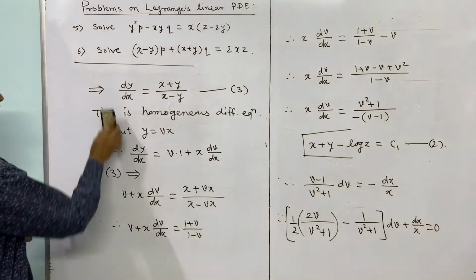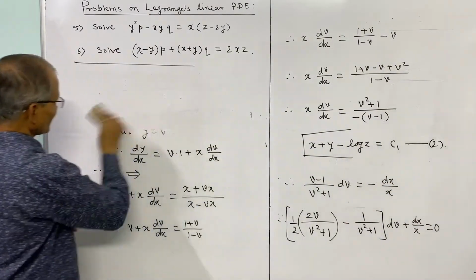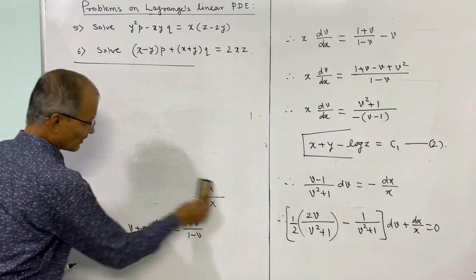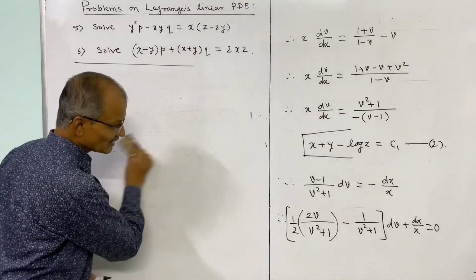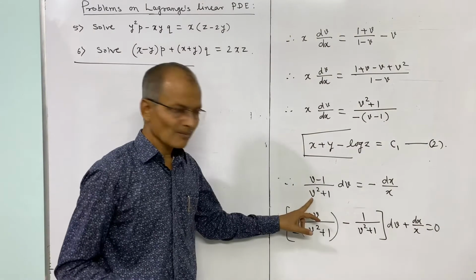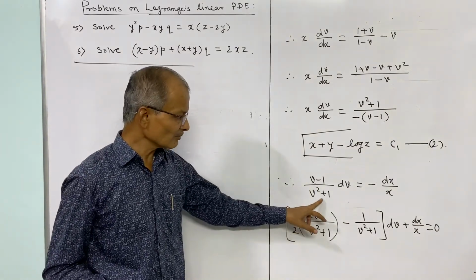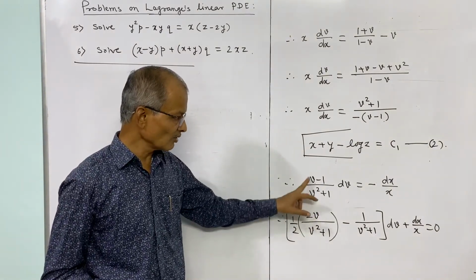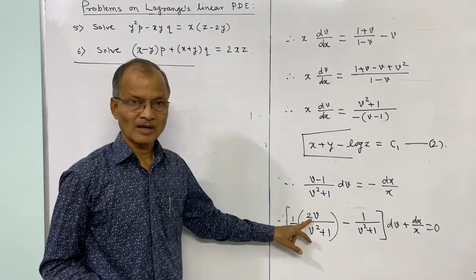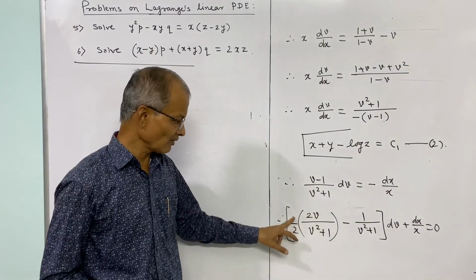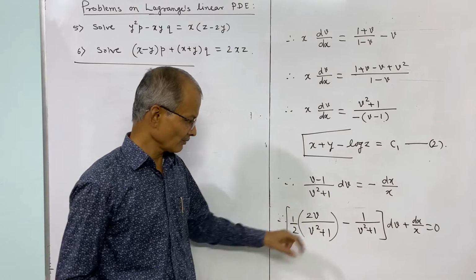Now we can easily integrate it. Integrating, what shall we get? This is the adjustment done for the first term, because the derivative of the denominator is 2v, so I have written the numerator in the form of 2v. The 2 was not there, and therefore we have multiplied by 1 by 2.